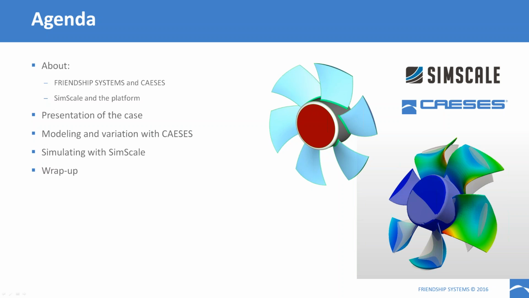And then Alex will tell you how to set up the simulation in SimScale and give you a little bit of background about the type of simulation that we will be working on. So this time, in difference to last time where we focused on aerodynamic aspects, we will take a look at structural aspects. And finally, we'll have a wrap up to end this session.